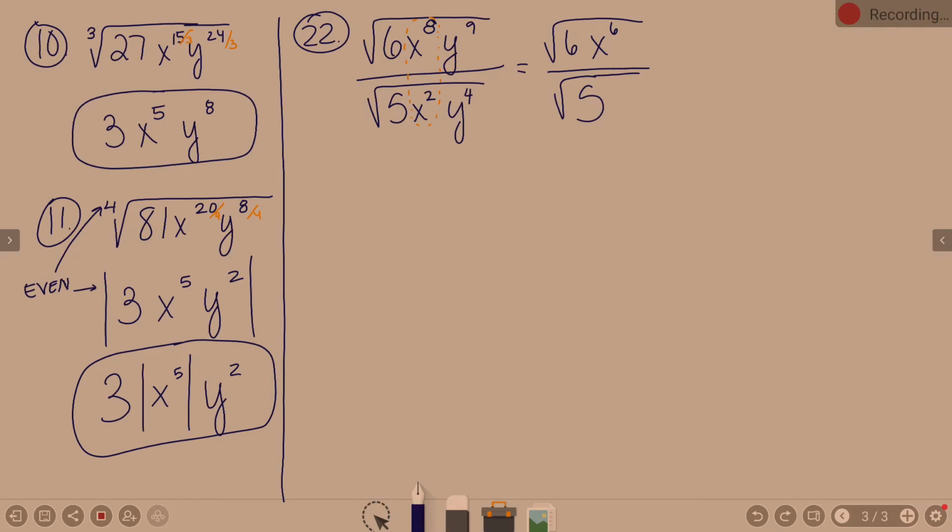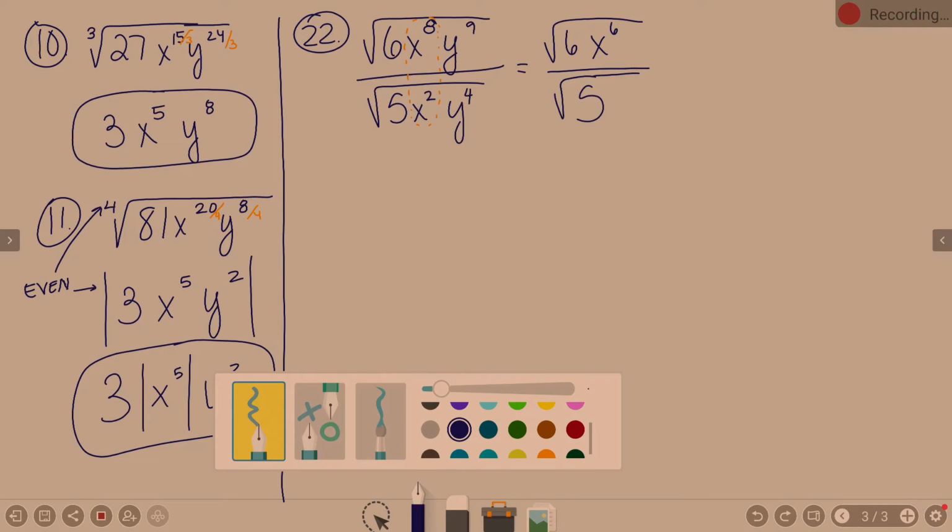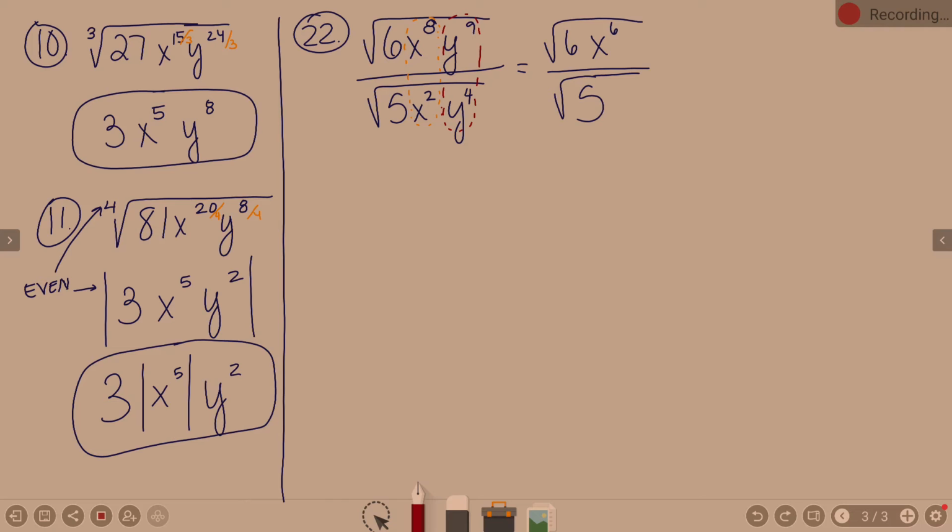And notice this is all still under square roots because I haven't taken any square roots yet, have I? Now, what about the y's? Can those divide? Well, remember, if you're dividing, it's can you subtract the exponents? Yeah. Keep the base the same. So we're going to keep the y. 9 minus 4 is 5.